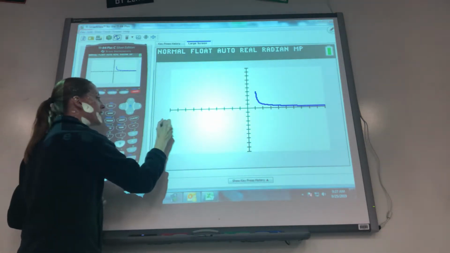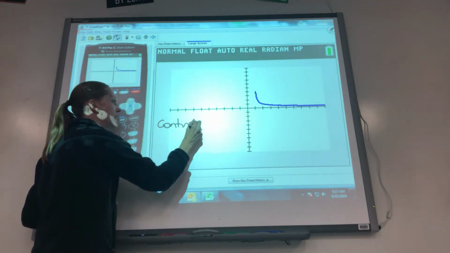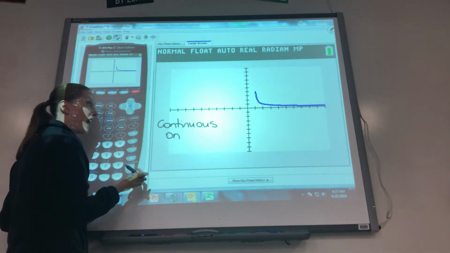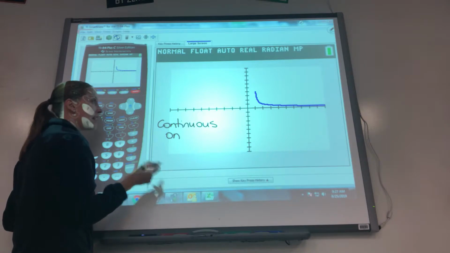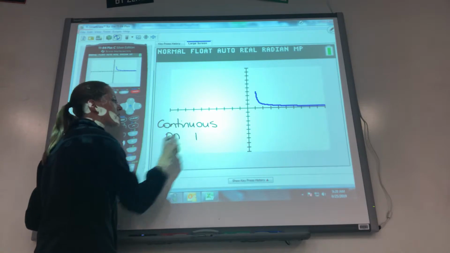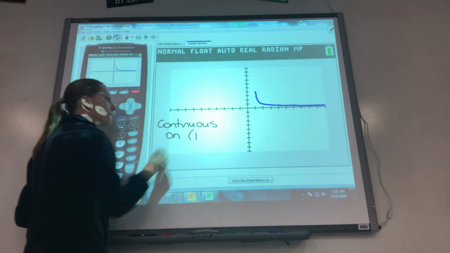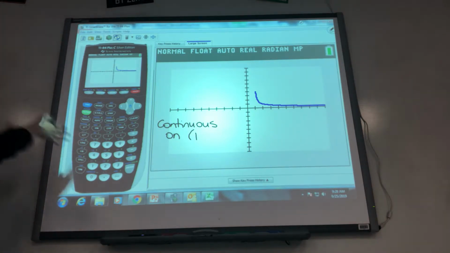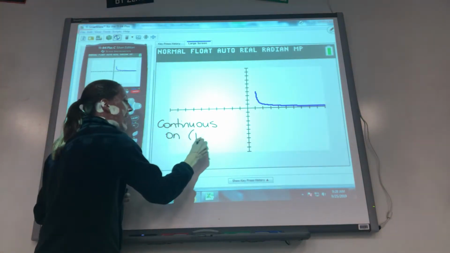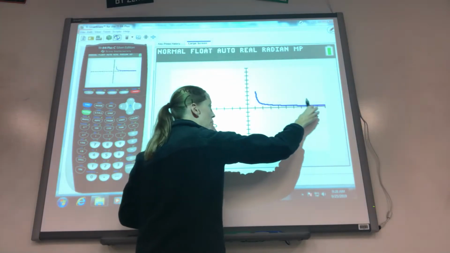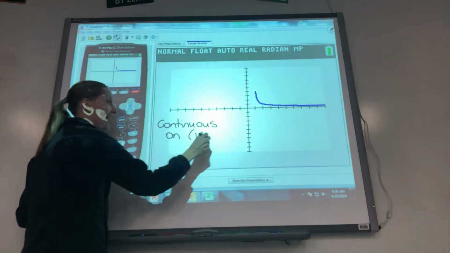So one way to discuss the continuity is to say continuous on, and I'm going to set up an interval here. I'll start with the x value of 1, but I would have to have parentheses there just because you can't equal 1 since there's a vertical asymptote, and it would be continuous all the way through all the rest of those x's.